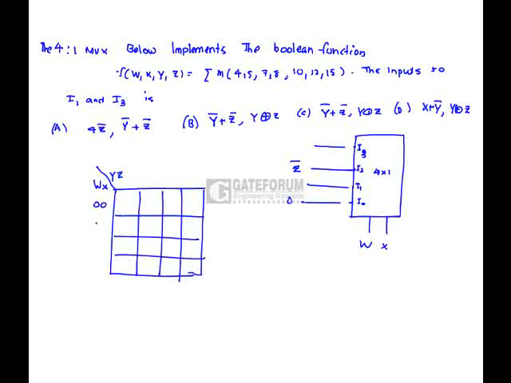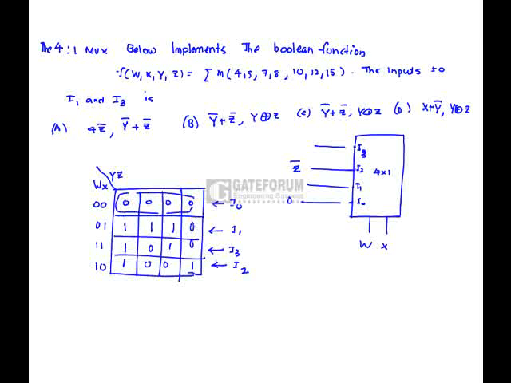So this is 00, 01, 11, 10. This corresponds to the I0 line, this corresponds to the I1 line, this corresponds to the I3 line, this corresponds to the I2 line. So after entering the given minterms, that is 4, 5, 7, 8, 10, 12, 15.